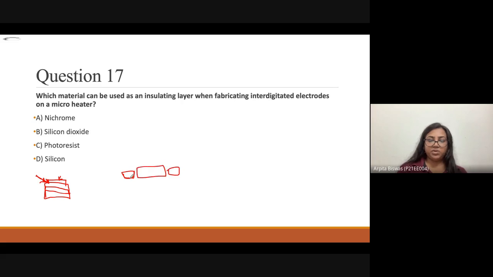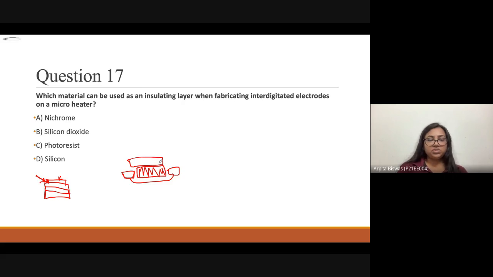Here is the nichrome heater. If we open this electrode pad, and on this nichrome heater we will deposit an insulating layer to stop the electrical shorting, and then we will fabricate or deposit the electrode. Okay, so here we will deposit the electrode.